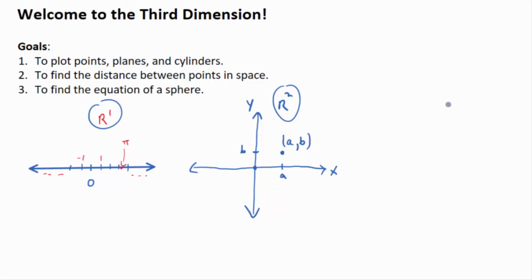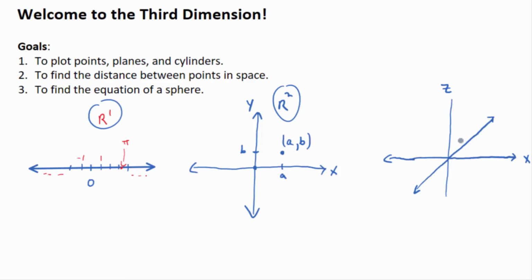You have to start thinking 3-dimensionally here. I'm going to say this is my z-axis. For now, I'm going to think of this guy as my positive x-axis and then negative x-axis over here.